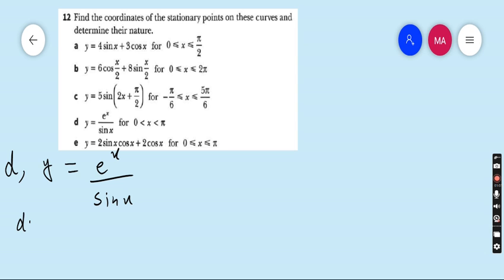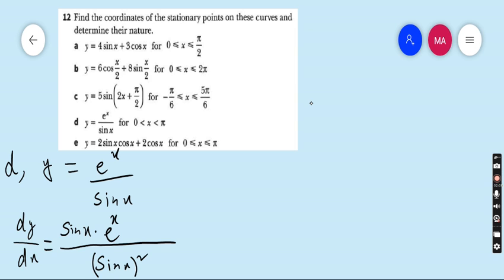So first we have to find dy by dx. Because two functions are divided, we have to use the quotient rule, that is the u upon v formula. So v squared, v as it is, derivative of e^x is e^x, minus e^x as it is, derivative of sin x, that is cos x.